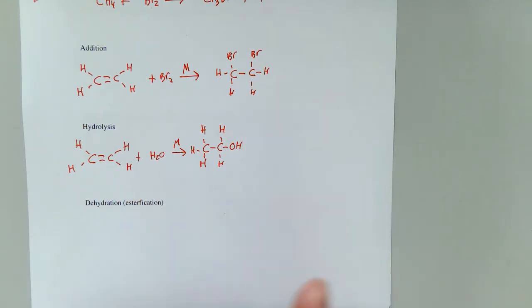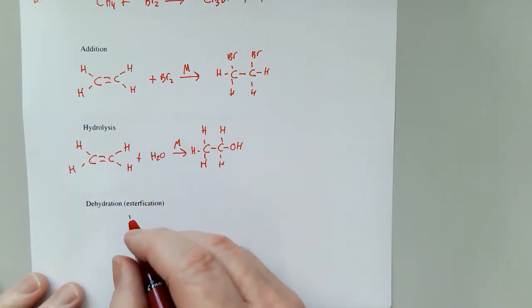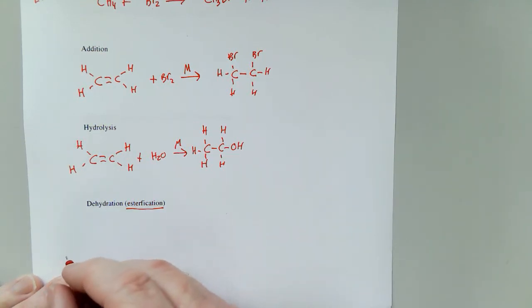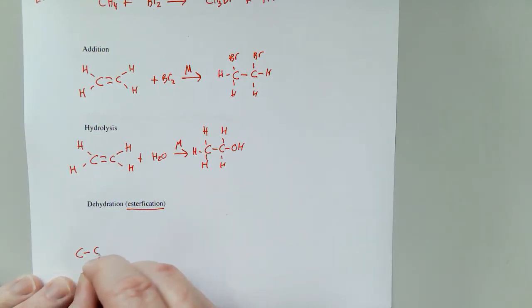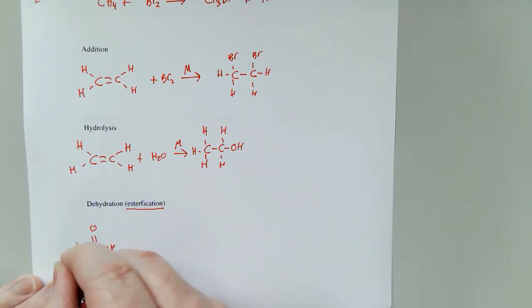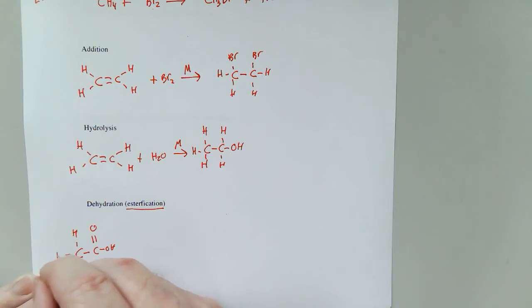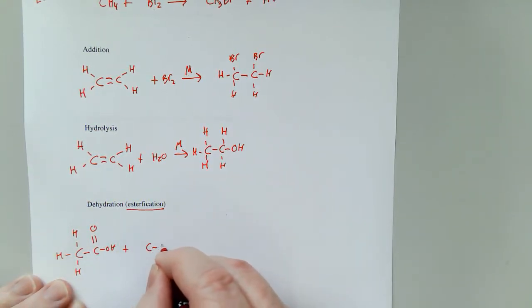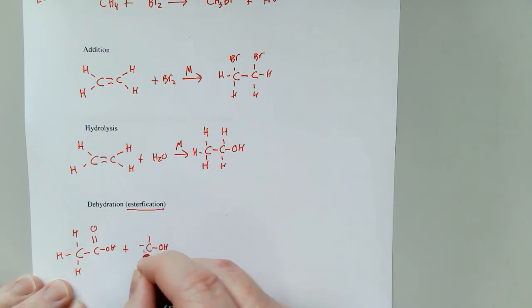Dehydration is the removing of a water. So we'll talk about esterification. There are a lot of different dehydration reactions, but we're going to do one that's a dehydration esterification. What we need to start out with is a carboxylic acid, like acetic acid, reacting with an alcohol, like methanol.